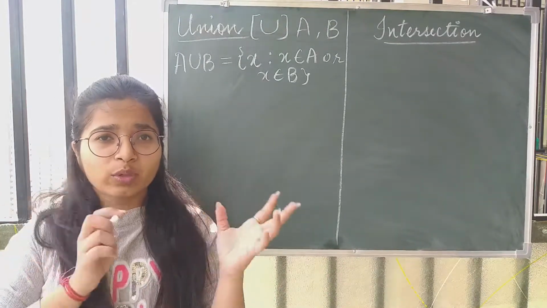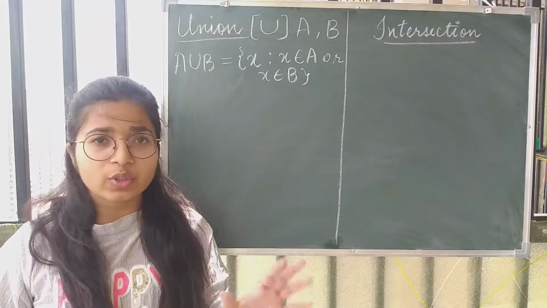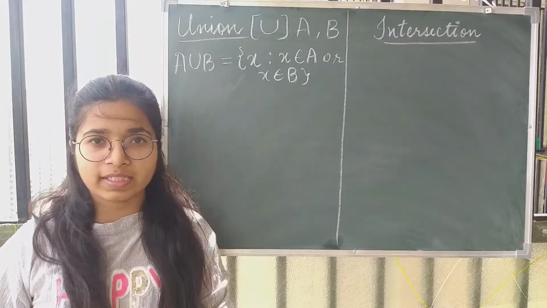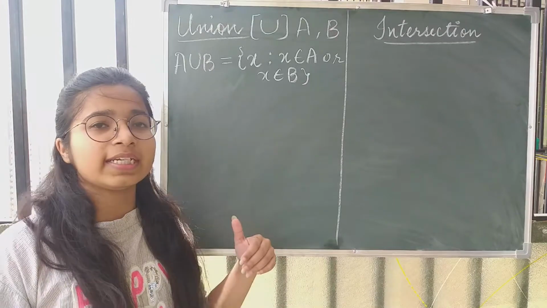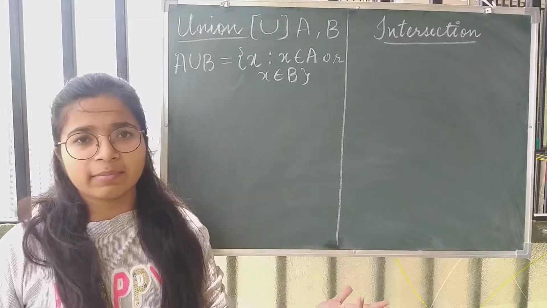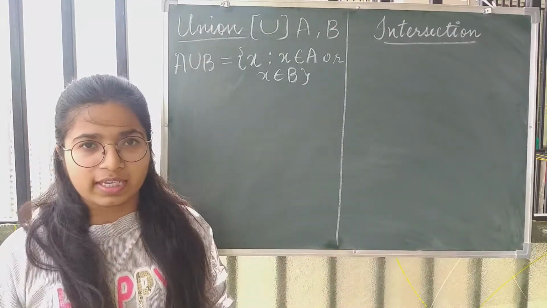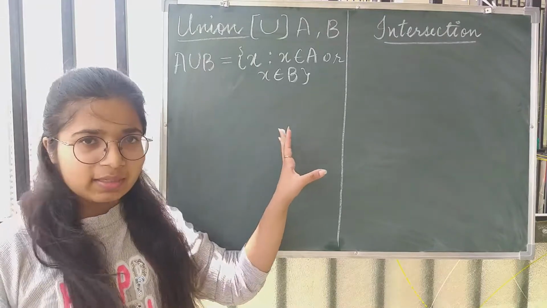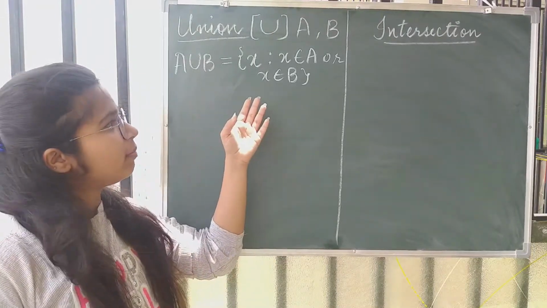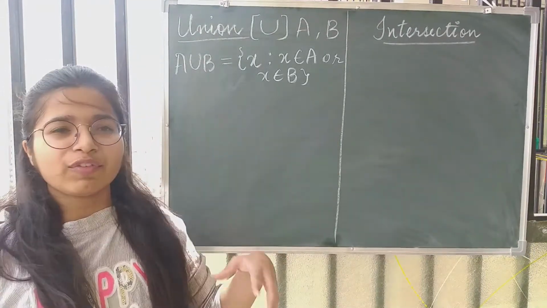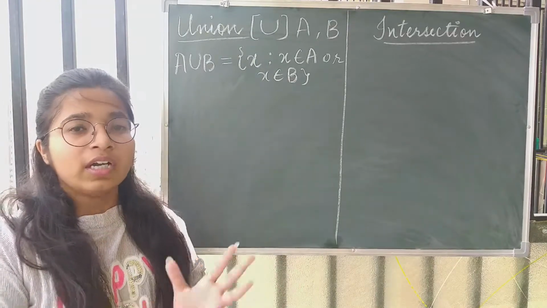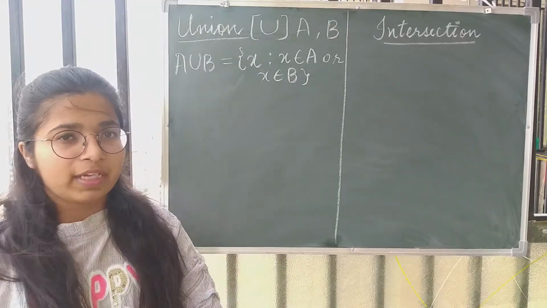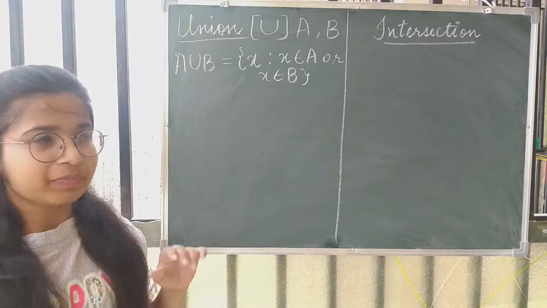And if both the sets have something in common, so we do not repeat those elements. As we have already studied that repeating elements in a set is the same as the single element of the set. So therefore we do not repeat the elements. So A union B में वो elements होंगे जो A में हो या फिर B में हो. That means together the elements of both A and B form A union B.